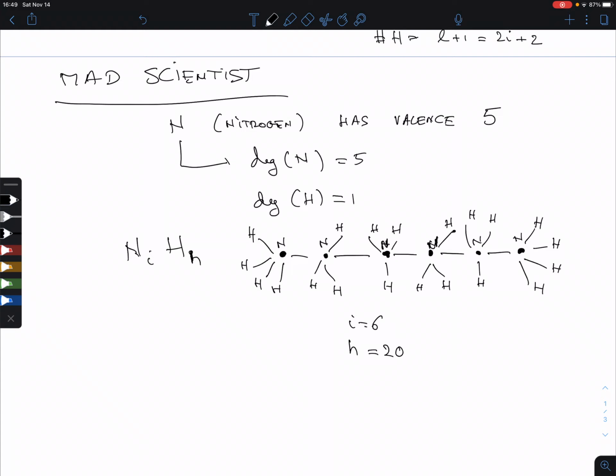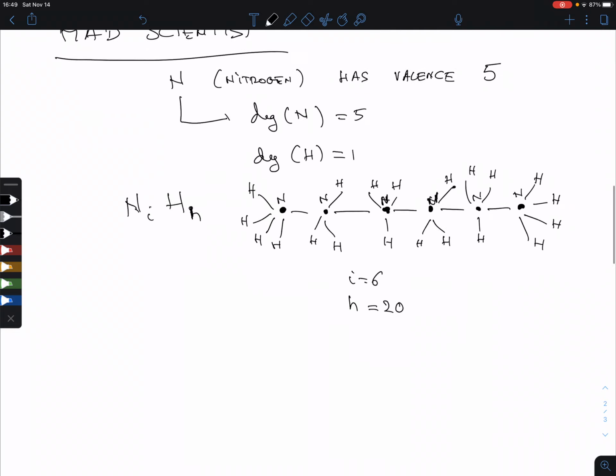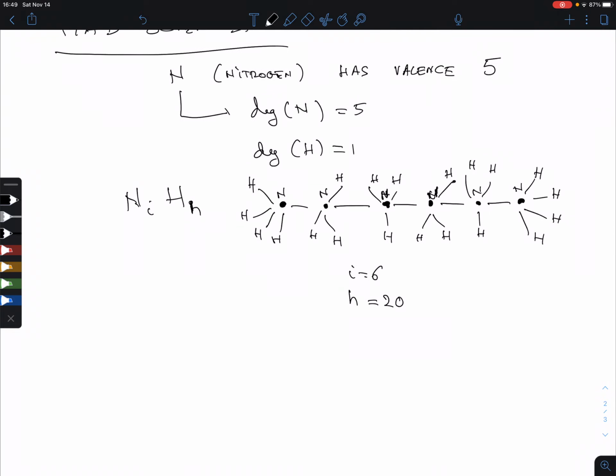Okay, so let's do exactly the same as what we did before. So make a rooted tree. And we know that the leaves are going to be the H. If I were to take one of the hydrogens as a root, then that would not be a leaf, so I'm not doing that.